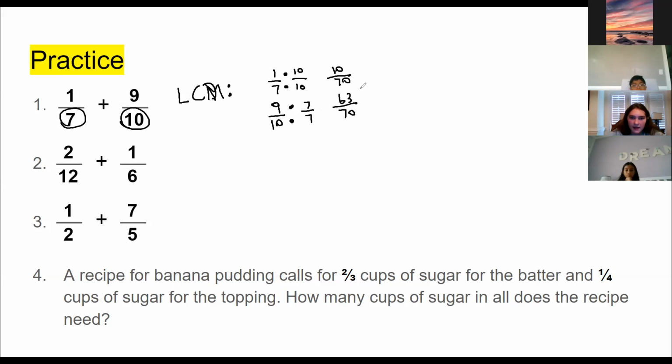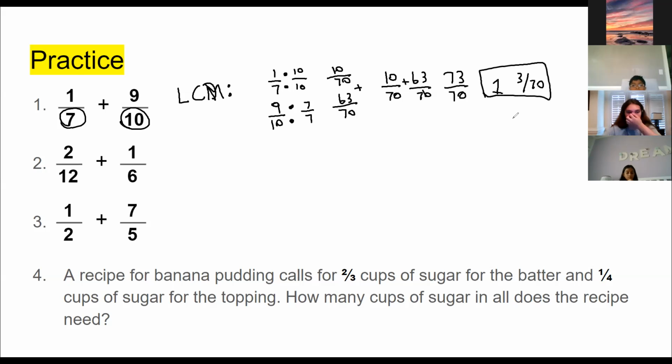And so if we're going to add these, we add them. 10 plus 63 is 73/70ths, which also equals 1 3/70ths. So that's our answer for the first problem.